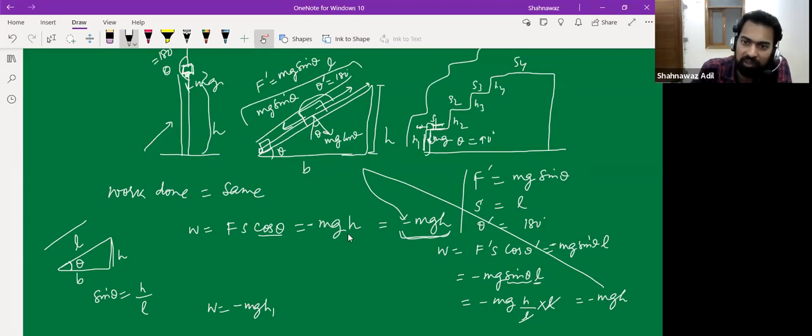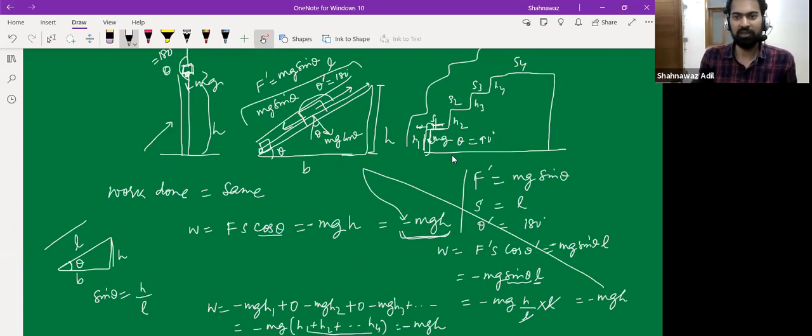So the angle is 90 degrees, so this will be 0. And for this case, we will have mgH2 plus 0 minus mgH3 plus something like that. So this will give mg(H1 plus H2 plus H4), so this will become minus mg. So you see that the work done doesn't depend on the path for conservative forces, because the only force working here was the gravitational force.